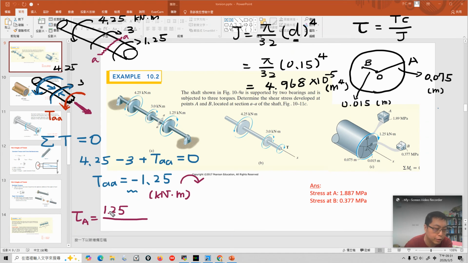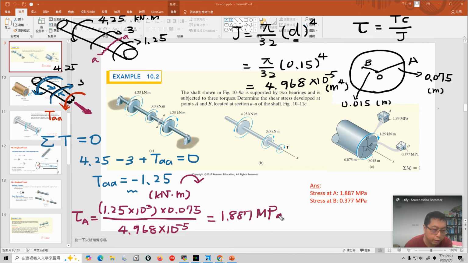Don't forget it's kilonewton meter, so you have 10 to the power 3 times T, and c is 0.075 from the origin, and J is 4.96 times 10 to the power minus 5. Using your calculator, it's equal to 1.883 megapascal. And what is mega? Mega is 10 to the power 6. Don't forget.